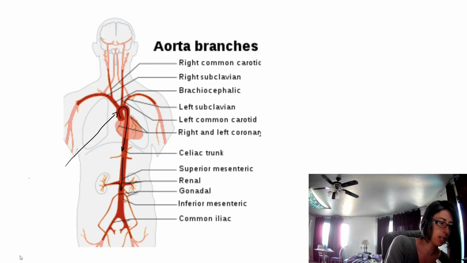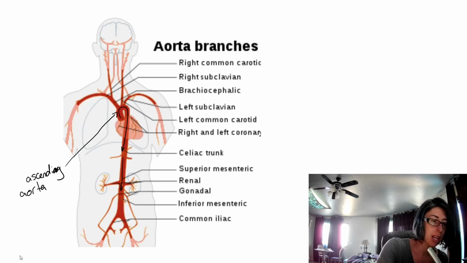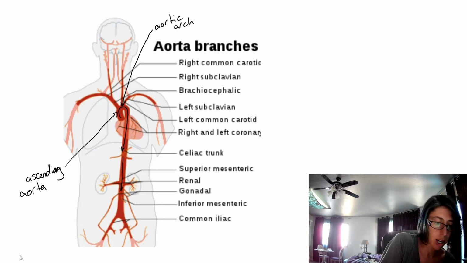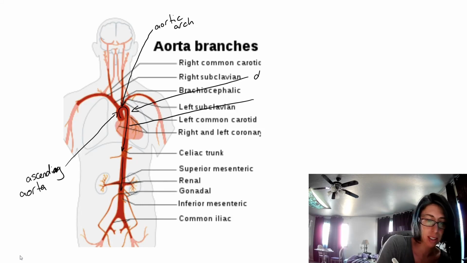So this is the ascending aorta. Then it arches, right, in what's known as the aortic arch. Then it turns downwards in what we call the descending aorta.